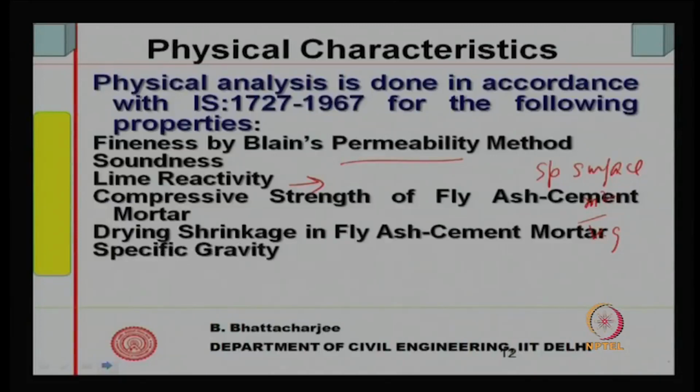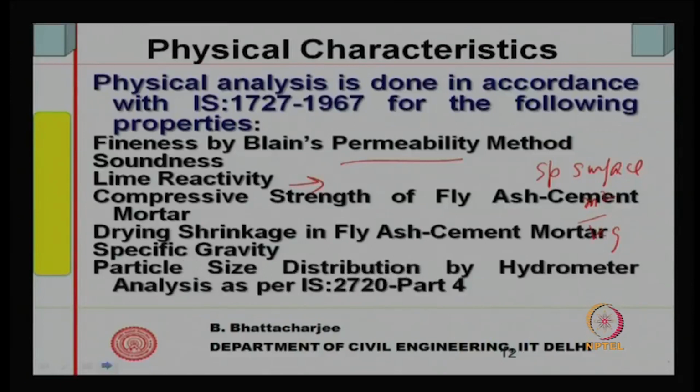Specific gravity can be measured by Le Chatelier's bottle, like we normally do for cement. So, practically the same instruments are used. You can also find out particle size distribution by hydrometer analysis, using Stokes' law, which is done for soil, or by any of the modern methods like X-ray diffraction or laser time of transition.